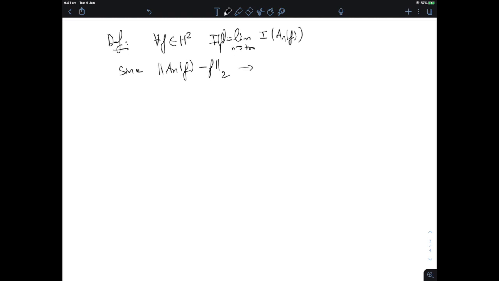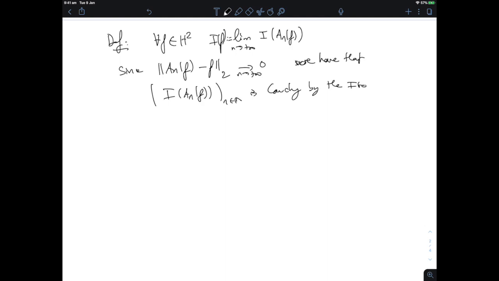That's what we've just proven. So since An of f converges, we have that I of An of f is Cauchy by the Ito isometry lemma. Right? The L2 norm of these things is exactly the L2 norm of An f minus Am f.